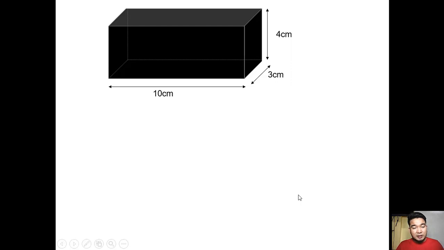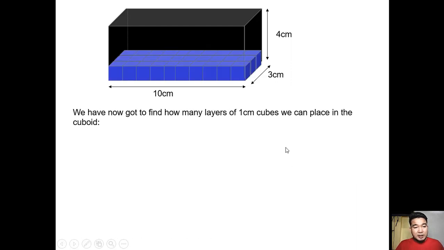So continuing, we have now got to find how many layers of 1 centimeter cubes we place in the cuboid. So upon observation, nung inilagay natin ito dito, so 30 yan, lahat yan ay 30. Kapag nagpatong pa tayo ng isa, so magiging 60. And the capacity of this rectangular prism or this cuboid is that 4 na layers ang kaya niyang i-hold. So 30 times 4, that is our volume.